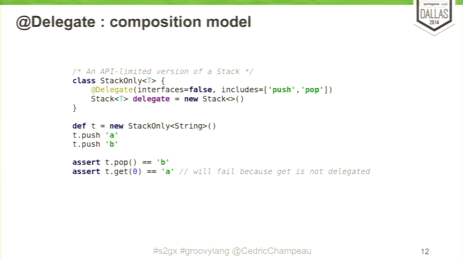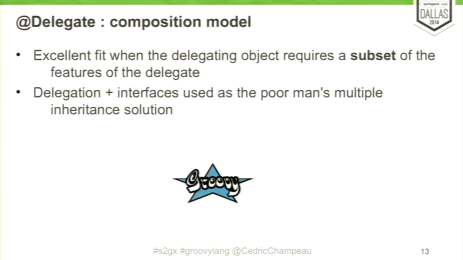I don't want my stack to implement the interfaces that stack implements. It's not what my API should look like. I would like it to expose two methods, push and pop, and that's all. So delegation allows you to do that. So delegation is fine, but it's still not what I want to do.